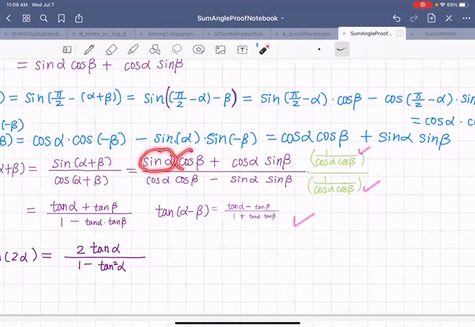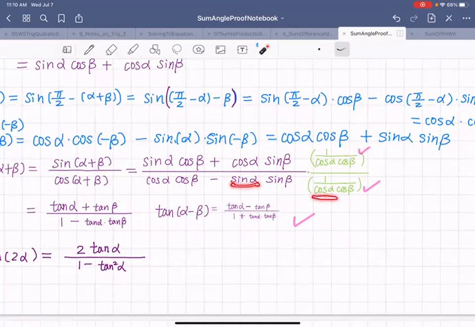Sine alpha cosine beta divided by cosine alpha cosine beta equals how much? Tangent alpha plus tangent beta. Very good. This gets canceled, so tangent alpha is left. This guy gets canceled, tangent beta is left. For the denominator, this and this cancel, that and that cancel, so 1 is left.